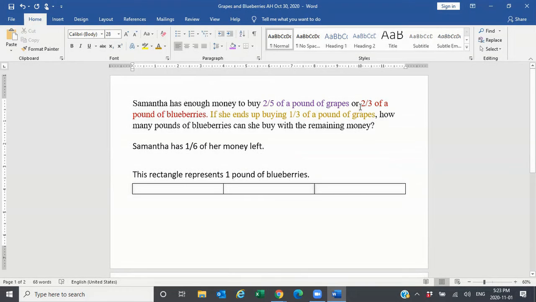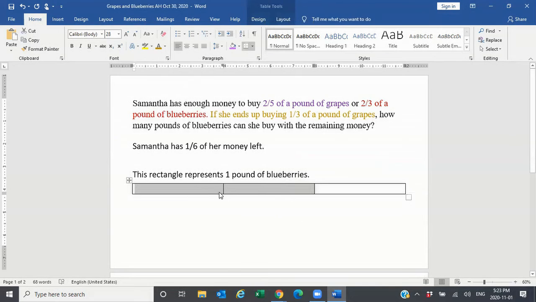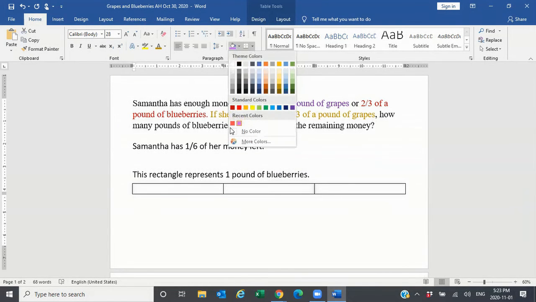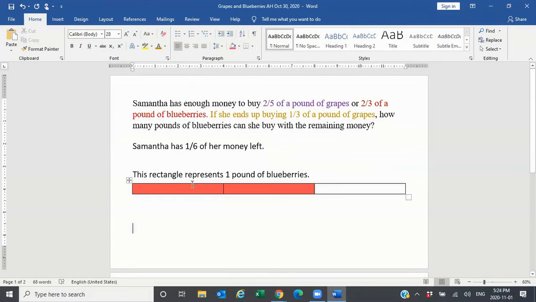Alright, so before it said she could buy 2/3 of a pound of blueberries. 2/3 would be 2 of the 3 parts. I'll make those red for blueberries. This is how much she could buy before. Now, if Samantha only has 1/6 of her money left, then we need to make sure there are 6 cells in this red area.